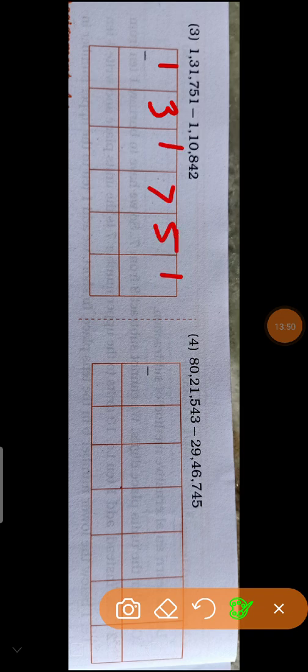See here, 1,31,751 minus 1,10,842. 1 minus 2, it's not possible. Then what will we do? Here we carry a borrow of 1. 11 minus 2, 9. Now here 4 minus 4, 0. 7 minus 8, it's not possible.